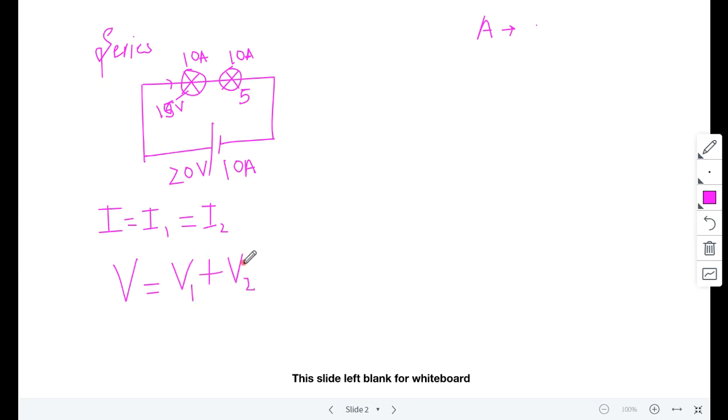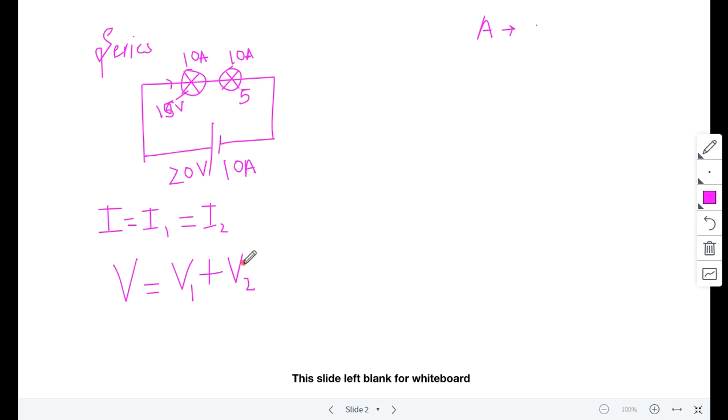Okay, I'll write that in a second. But so, the total voltage is when all the voltages of the components in a series circuit add up to the total voltage.